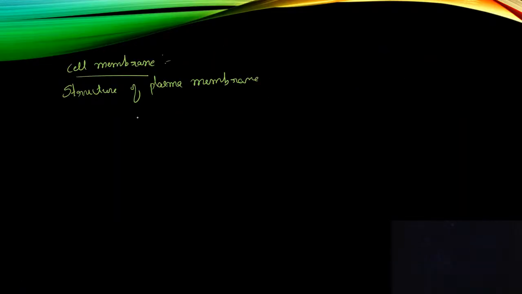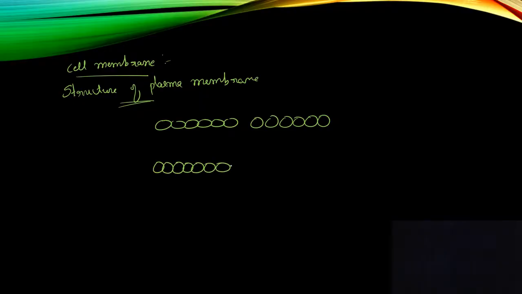Now, let us discuss the structure. Before going to that, let me construct the diagram. First, we're going to observe what? The lipid bilayer. Along with me, you also draw the diagrams. This is the lipid bilayer.